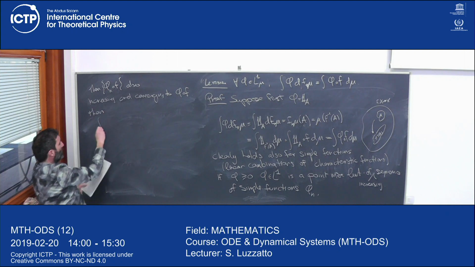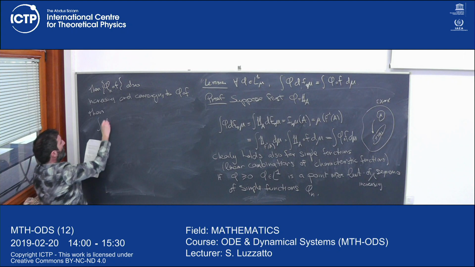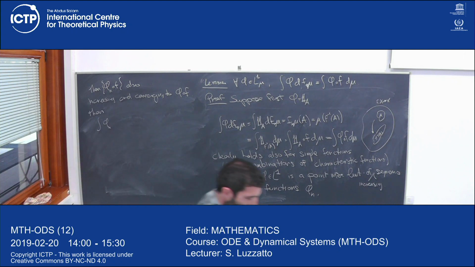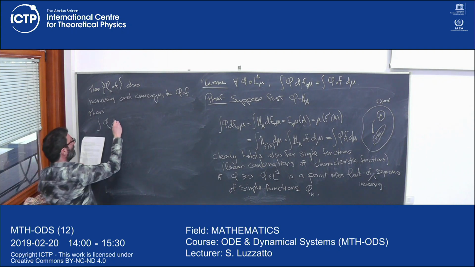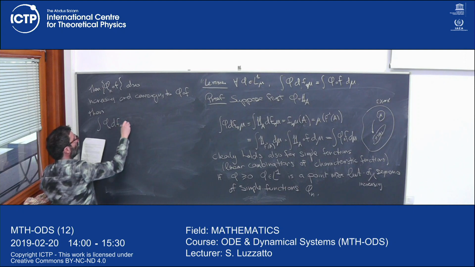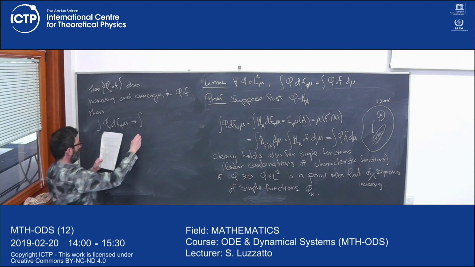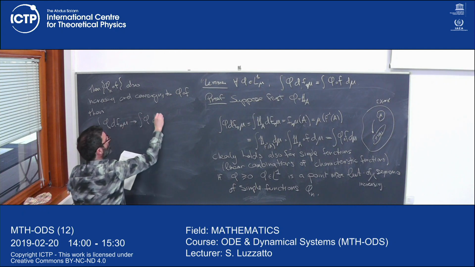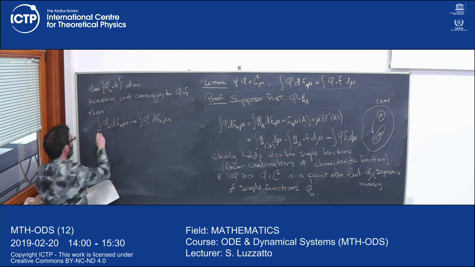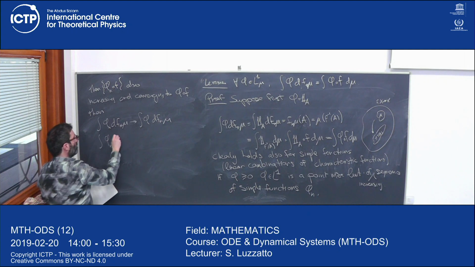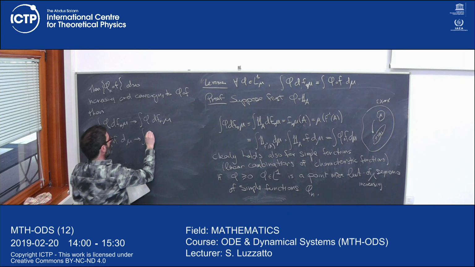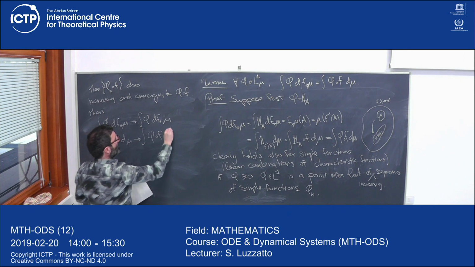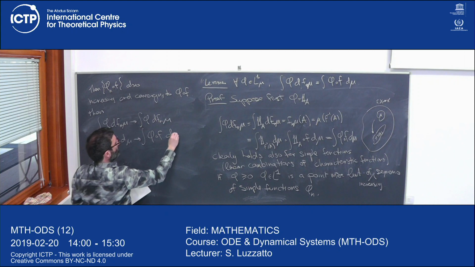So we have that the integral of phi n d f star mu converges to the integral of phi d f star mu, and the integral of phi n composed with f d mu converges to the integral of phi composed with f d mu.